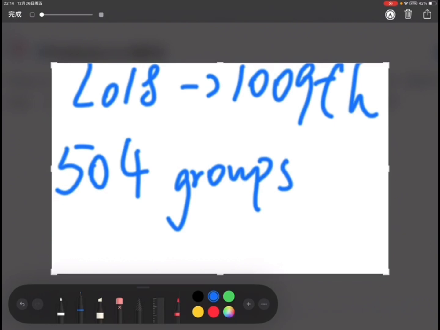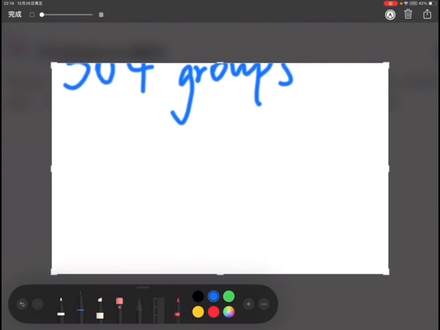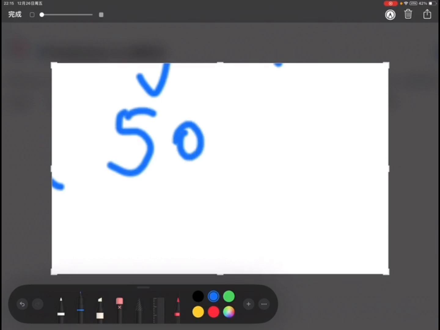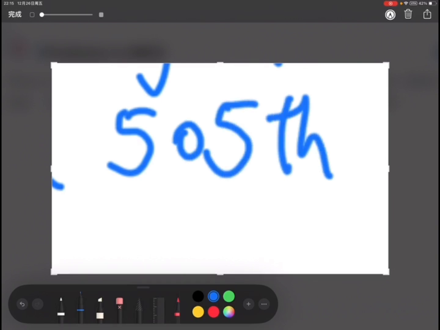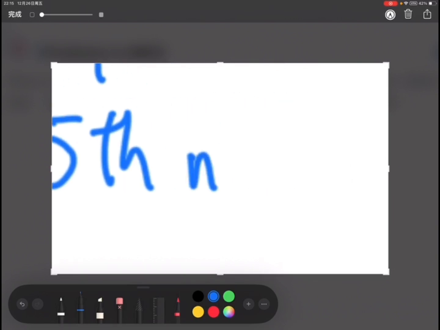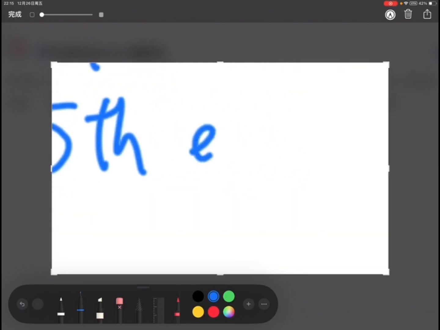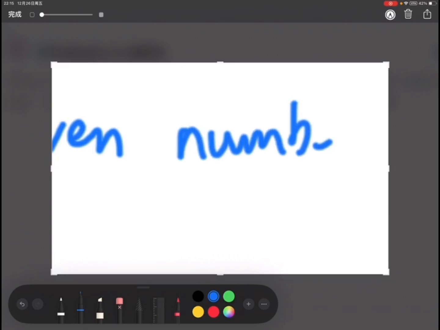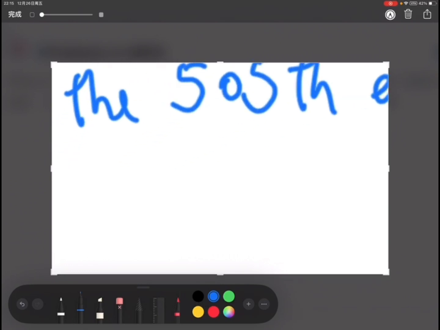So the 505th even number is the one that's being left out. And that is equal to 1010.